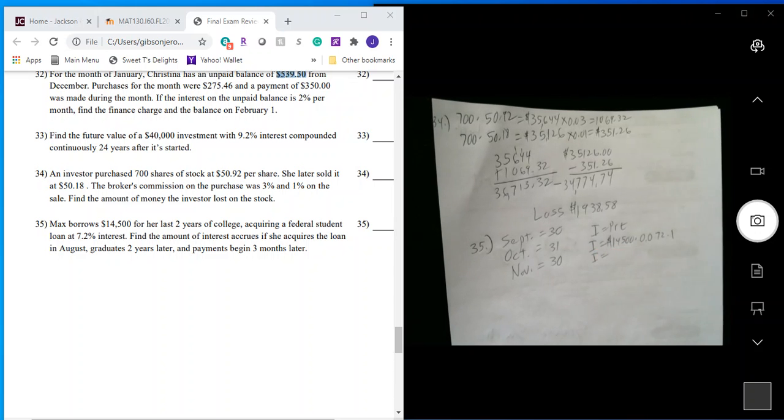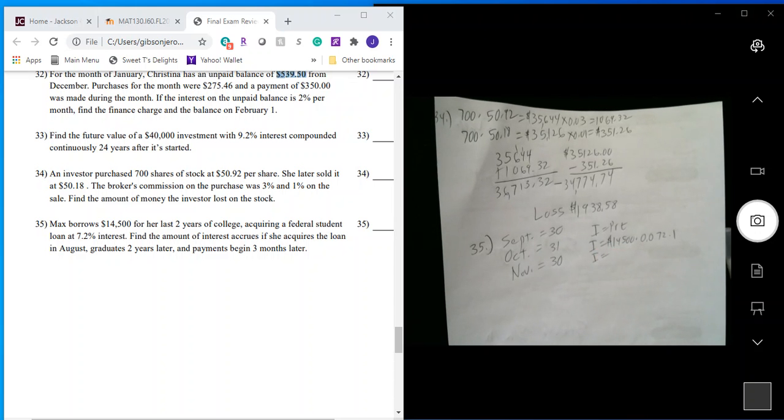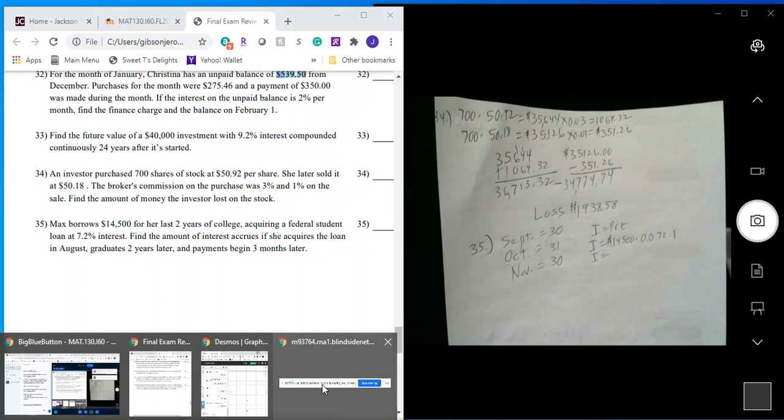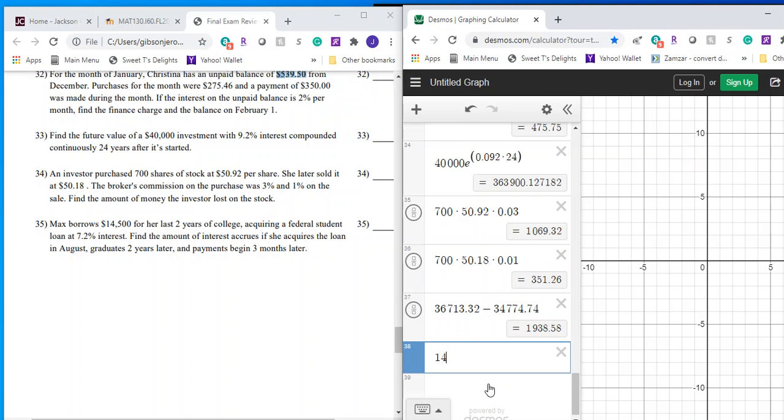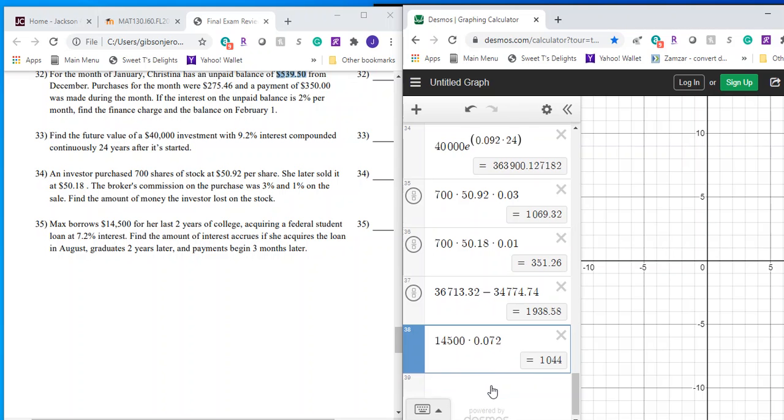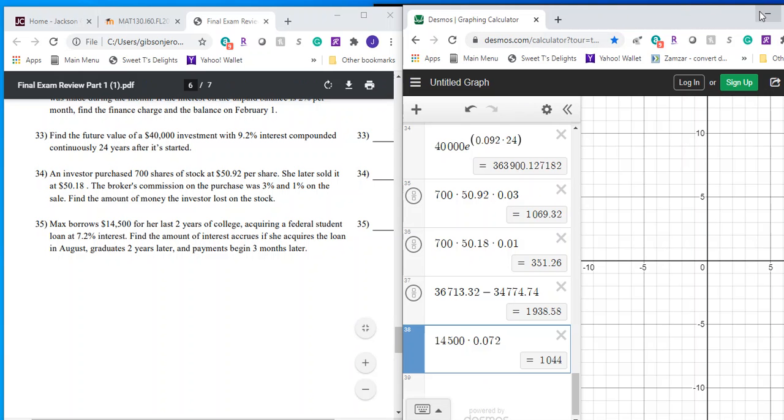So in 1 year, let me pull up the calculator. Our interest, 14,500 times 0.072, will give us 1,044. That's how much interest would accrue in a year.